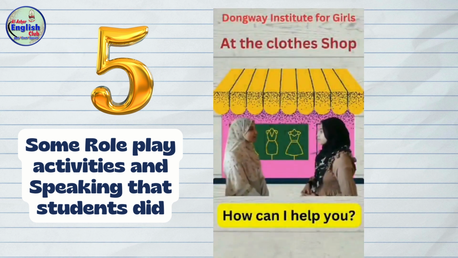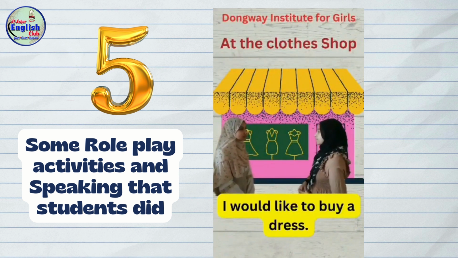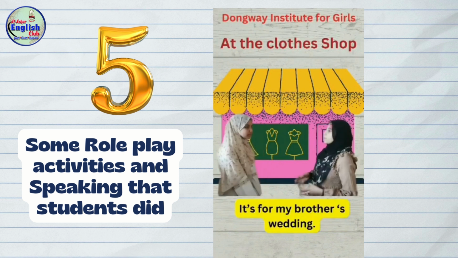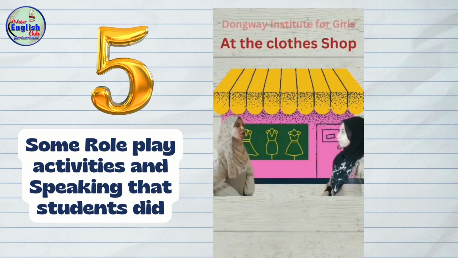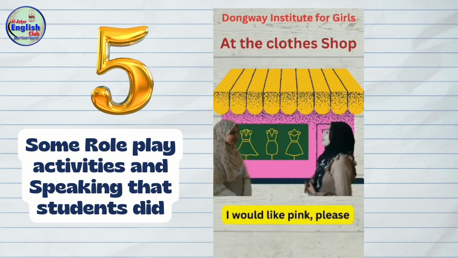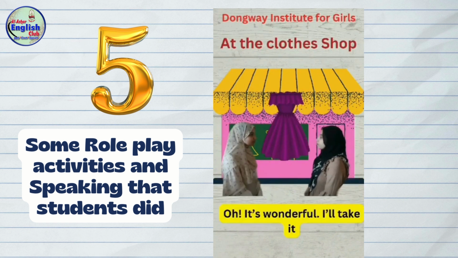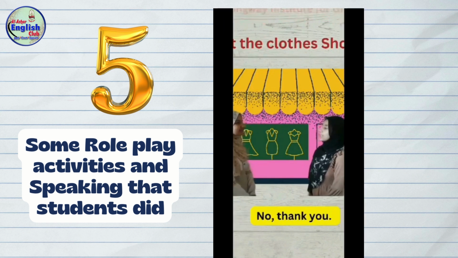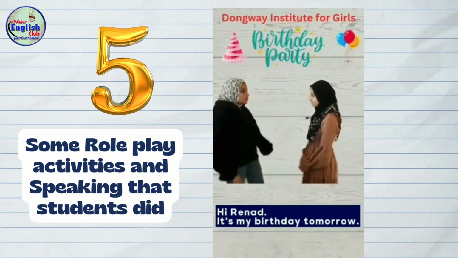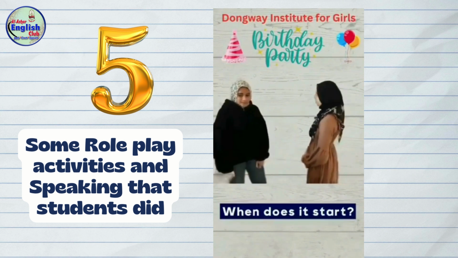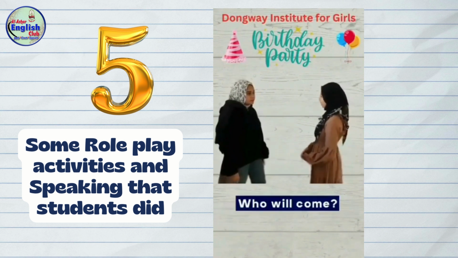How can I help you? I'd like to buy a dress. What special occasion do you want a dress for? It's for my brother's wedding. Congratulations! What color would you like? I'd like pink, please. What about this one? Oh, it's wonderful. I'll take it. Anything else? No, thank you. Hi, Renat. It's my birthday tomorrow. Happy birthday. Will you come to the party? When does it start? It starts at 7 o'clock. Who will come?